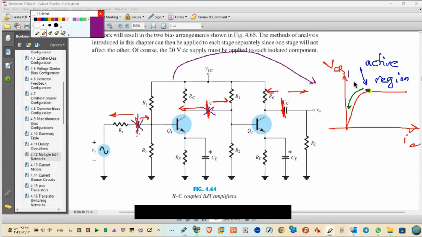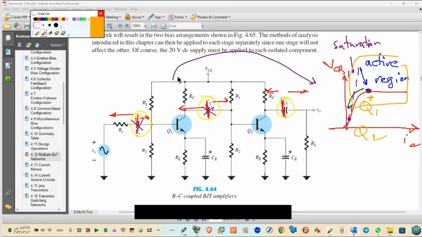Okay, what does that mean? Again, this is saturation. So maybe my point will move from the active region to the saturation region. For that reason, my transistor doesn't work. So the idea of why we have this capacitor is to keep my working points Q1 and Q2 in the active region.